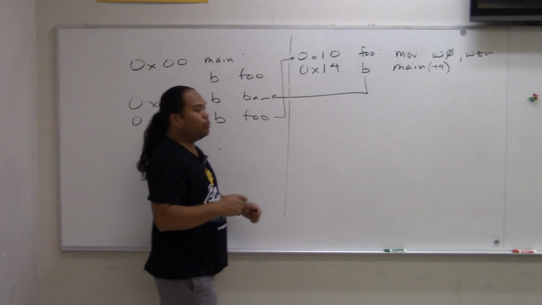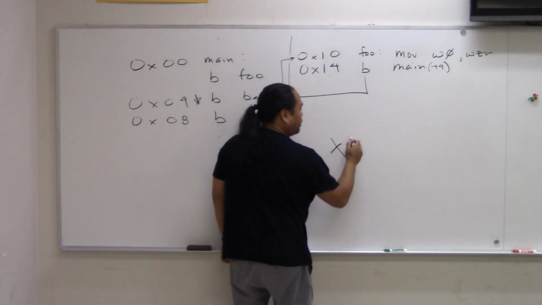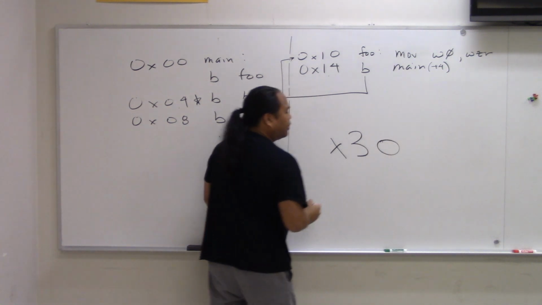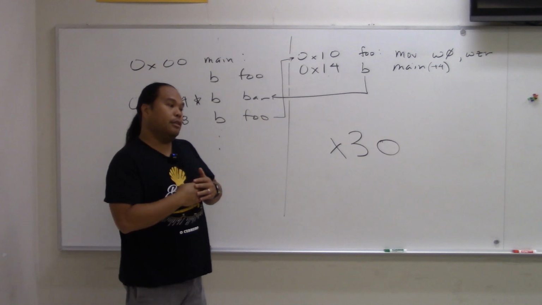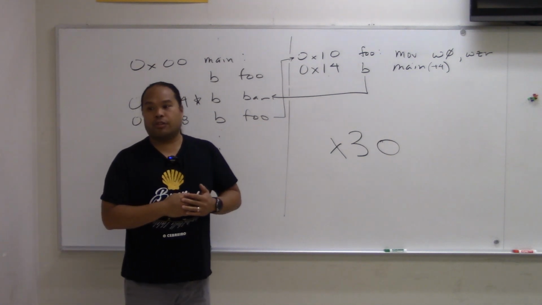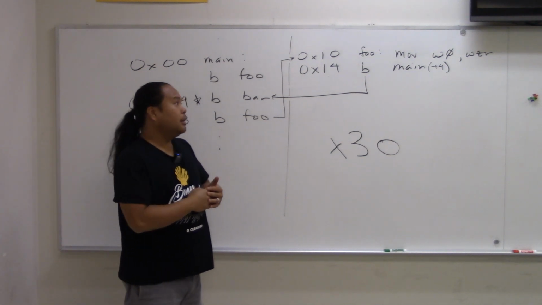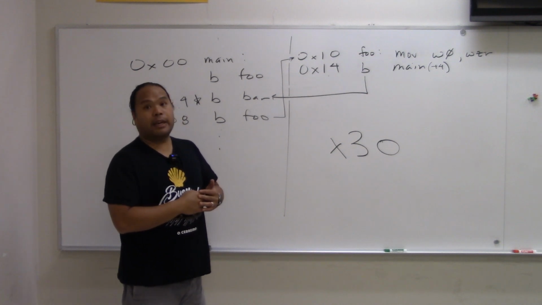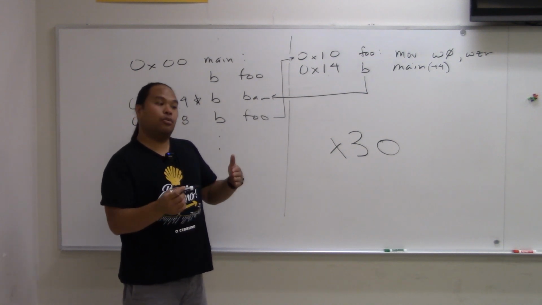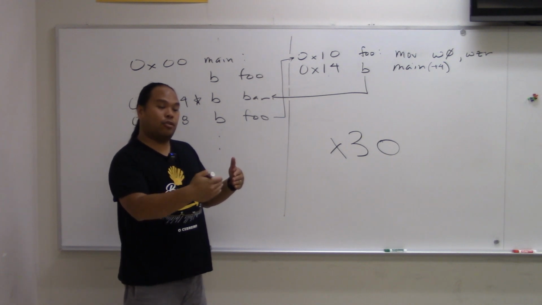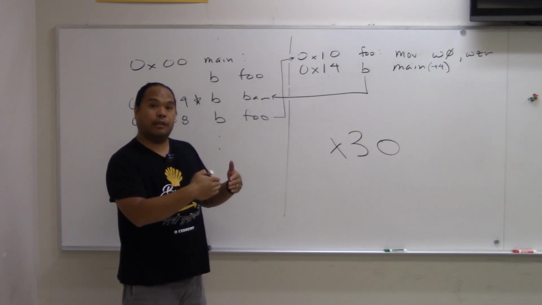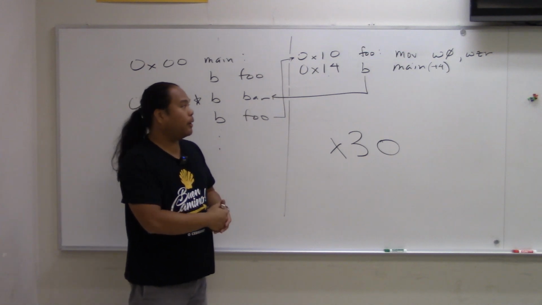Let me introduce a new register to you called x30, okay? In various instruction set architectures, this thing is called the return address, that sort of thing. It is used strictly as an instruction pointer to the most current call and its sort of re-entry point when you're done with executing a function, all right?